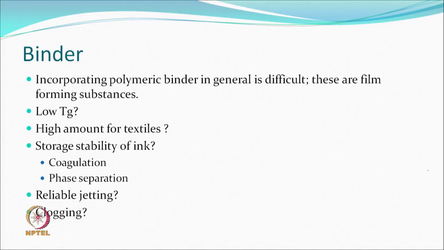If things are not right, jetting may not be reliable. As I said, if the binder, which is a film forming substance, can make some gels anywhere, then it can get stuck inside or in the nozzle or completely block it. So, clogging can take place.